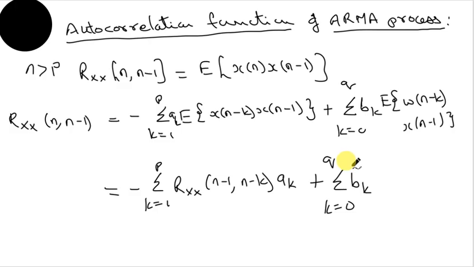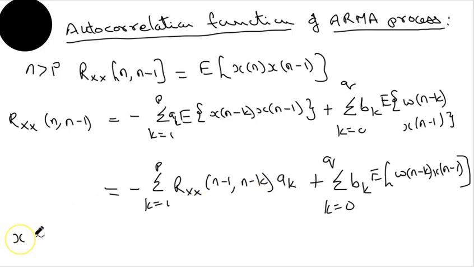Will it be possible to write the cross correlation function directly? No. So summation k equal to 0 to q bk, let me retain this like this, E of w of n minus k into x of n minus 1. So this would be the autocorrelation function.